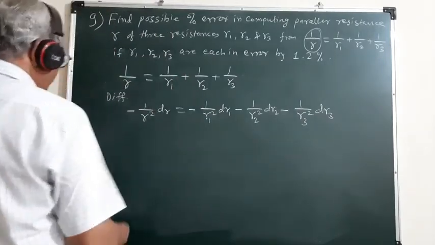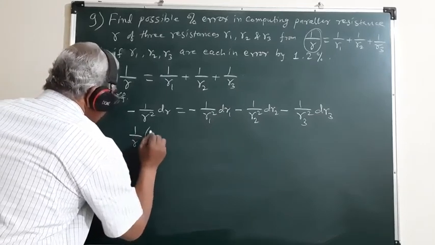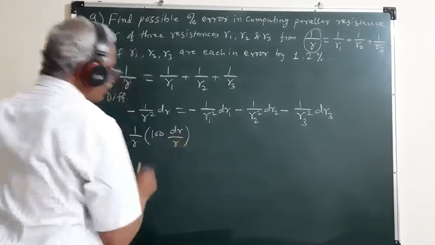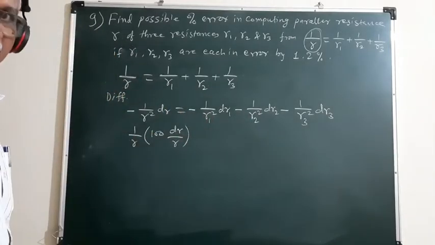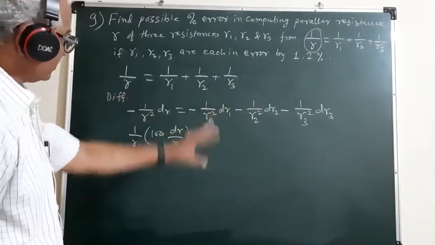expression we can express this relation as 1 upon R into bracket 100 dR by R, multiplying both sides by 100, and the minus sign is cancelled.